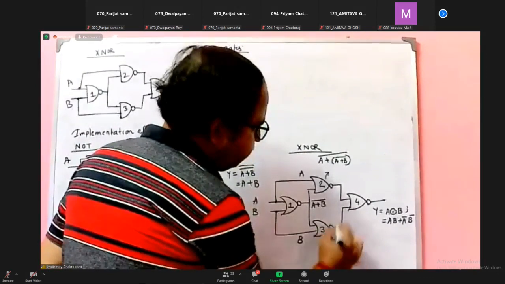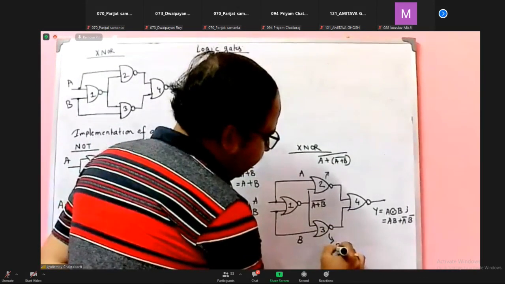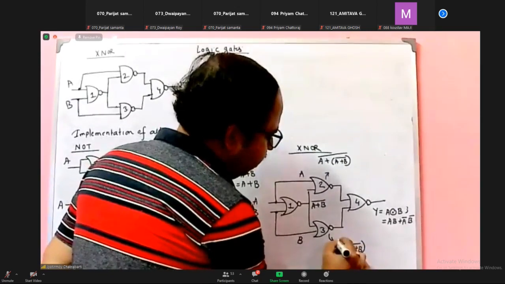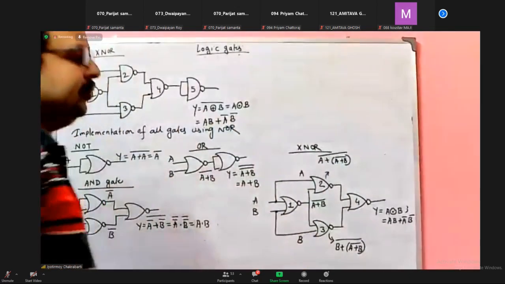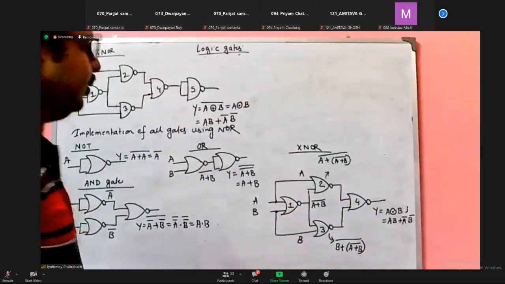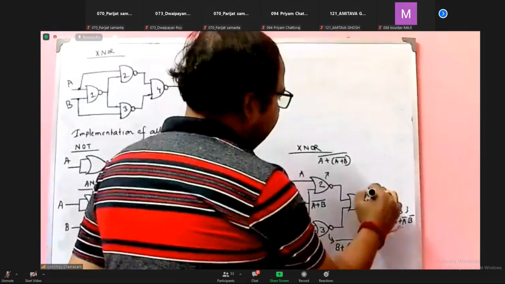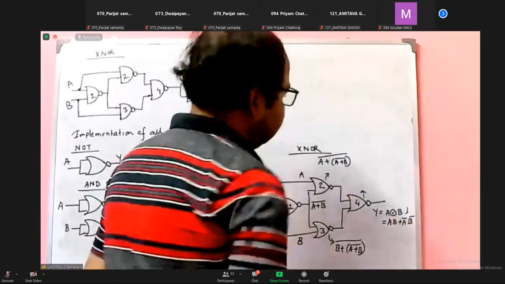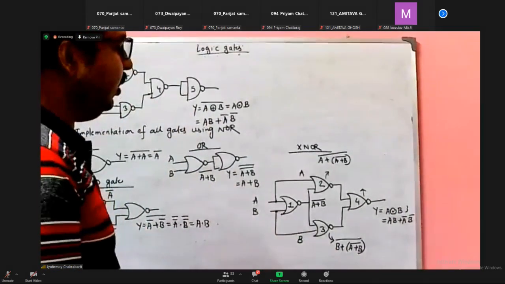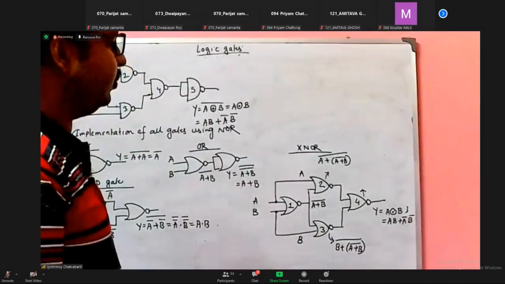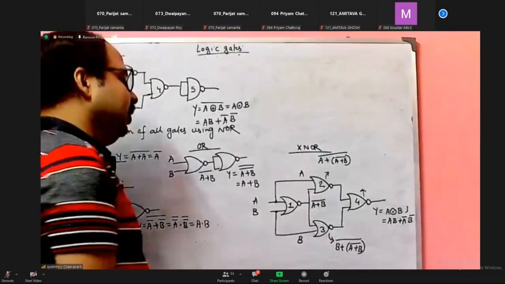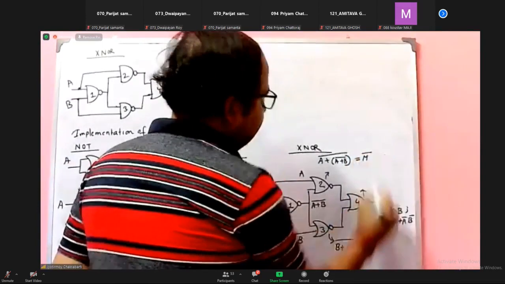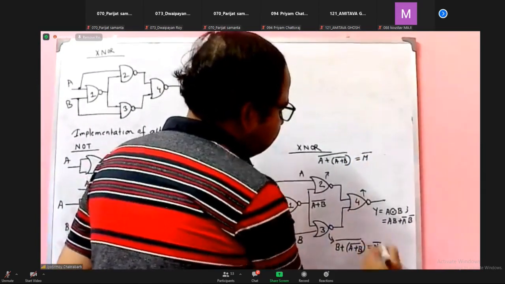B plus (A plus B whole bar), whole bar. Okay? So what is the output of gate 4? The output of gate 4 is the sum of the two, whole bar. If I take this as n bar, if I take this as n bar, so what?